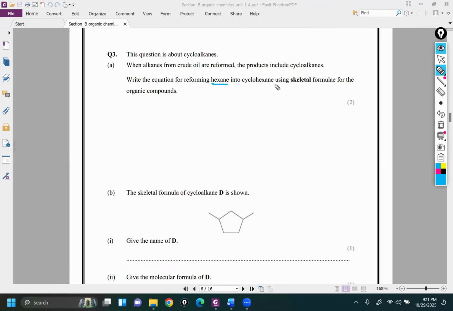So see here, 1, 2, 3, 4, 5, and 6. This is hexane. Now, we are going to change this straight chain into cyclo. As I told you, this is the third time in this video that I'm telling you that when a straight chain alkane changes into cycloalkane, always hydrogen will be removed.